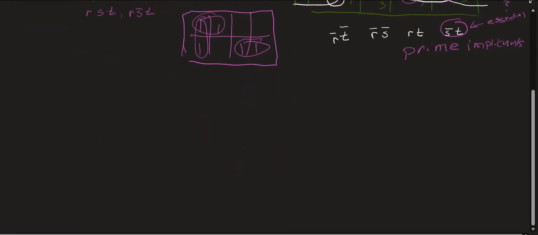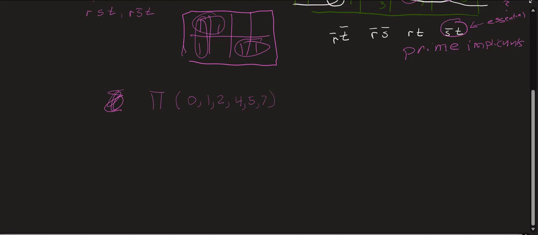So now let's answer the question that you were asking. What if I had the sum, just for fun, let's do maxterms. And let's say I had 0, 1, 2, 4, 5, 7.